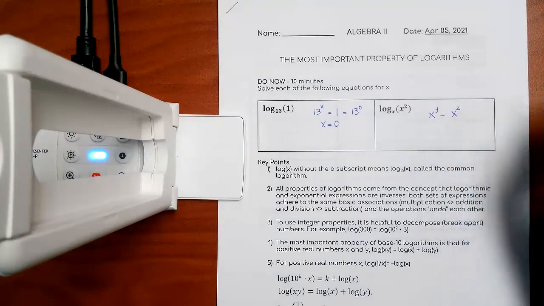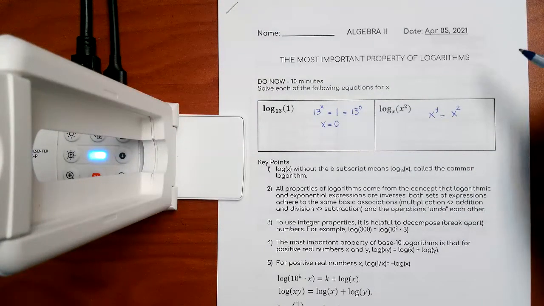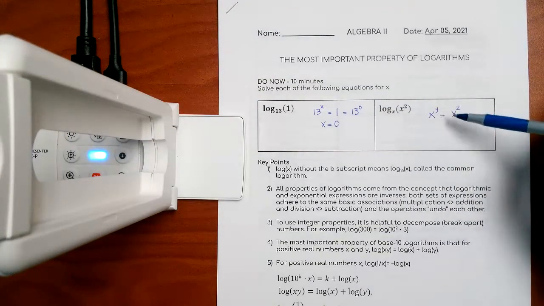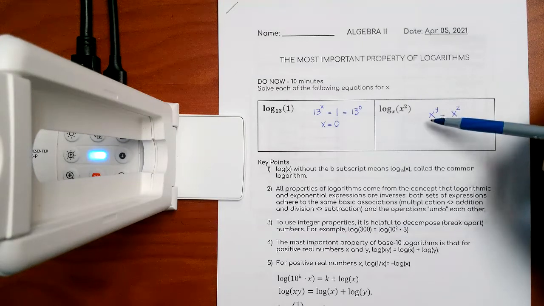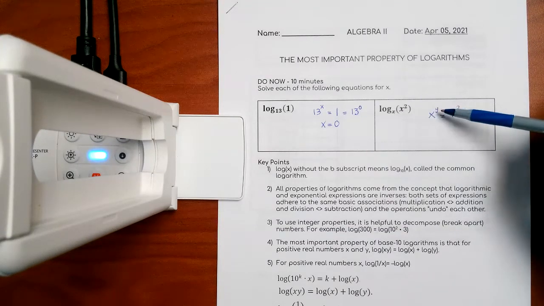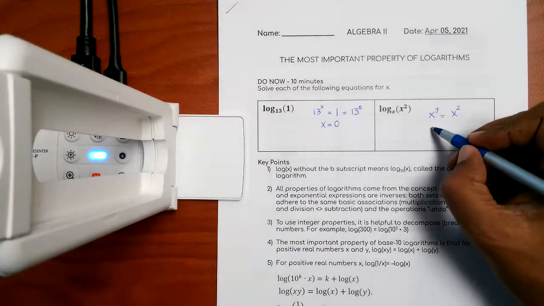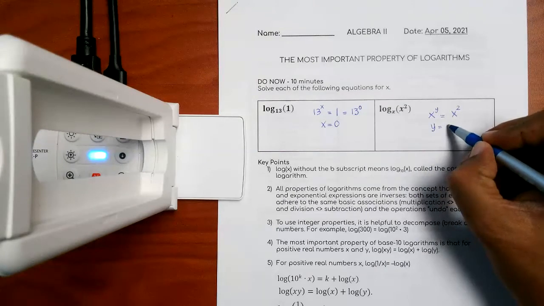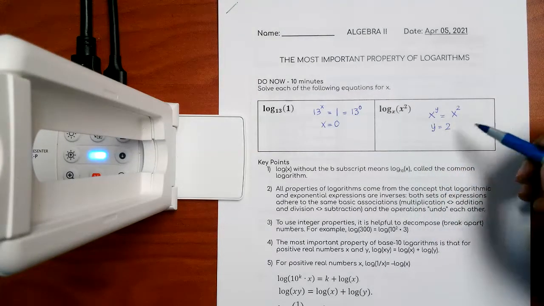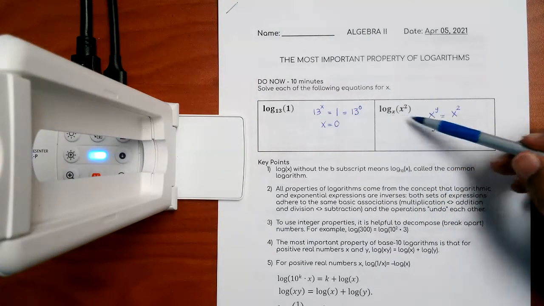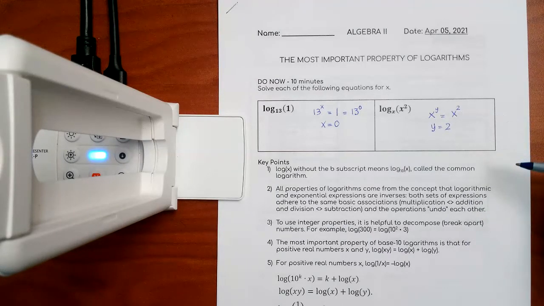Okay, so what power of x will give you x squared? So this goes to this side, unknown exponent we come here, and then this becomes like this. So now you can see that y is equal to 2. So if we have an exponent of 2 for x, then we will have a value of x squared. So these were the problems.